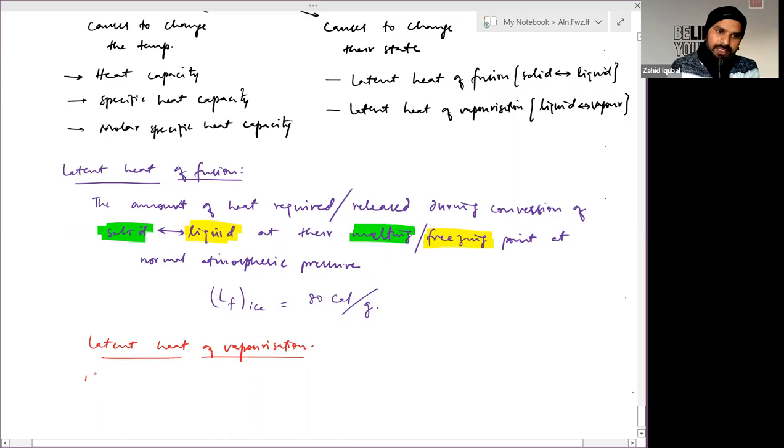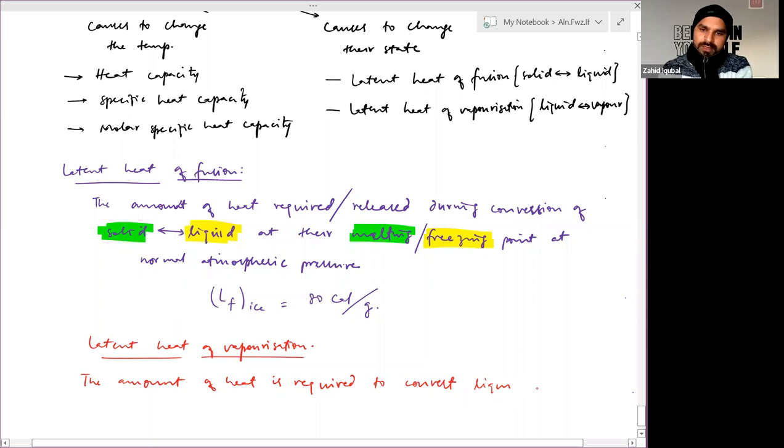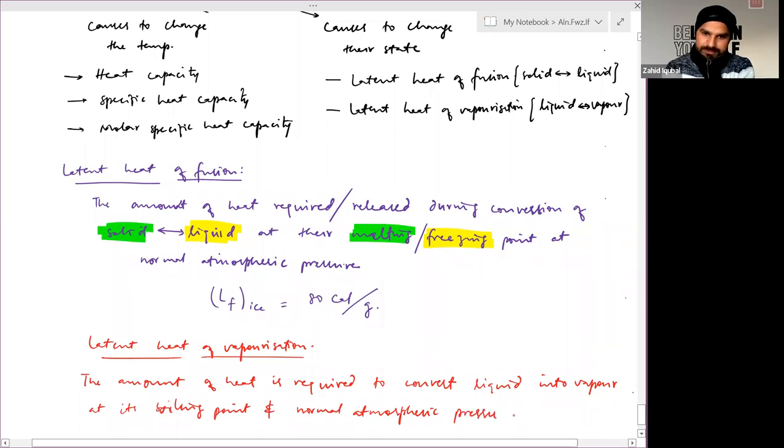So it will be the amount of heat required to convert liquid into vapor at its boiling point and normal atmospheric pressure.